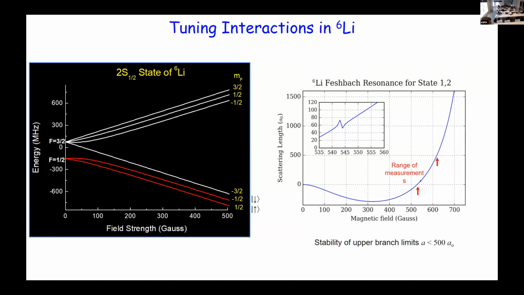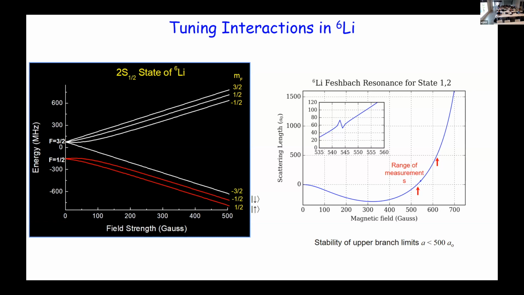This is the only atomic physics I'm going to present in this talk, so you don't have to worry. These two lowest-lying states are generally our two spin states, and they're a pseudo-spin. They're obviously not real spin, but a pseudo-spin. They differ in nuclear spin only and have the same electronic spin.